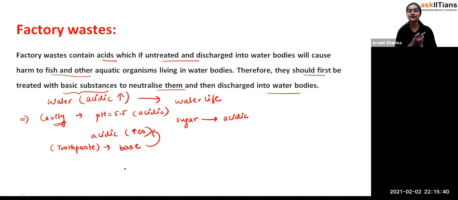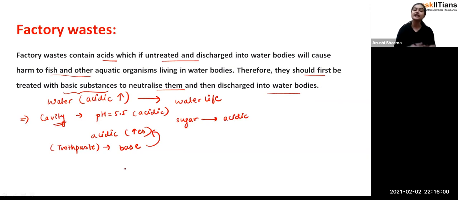That is why all of us are advised to brush two times, once in the morning and once at night before going to bed, so that whatever you have eaten during the day, the acidic part is removed and you will not have any cavity problem.